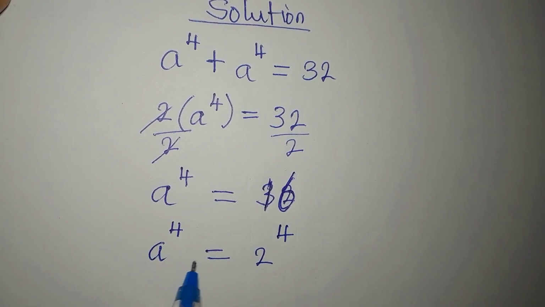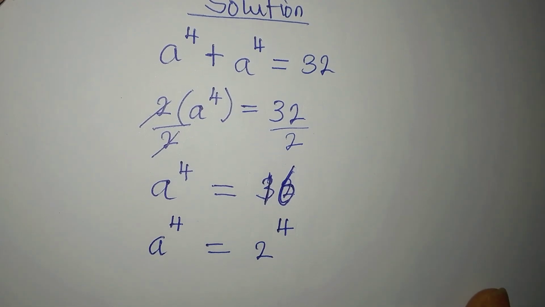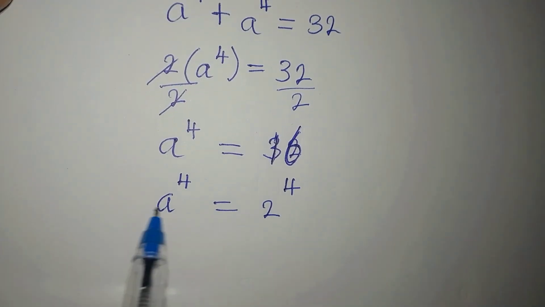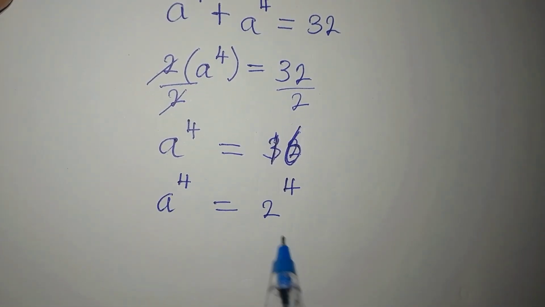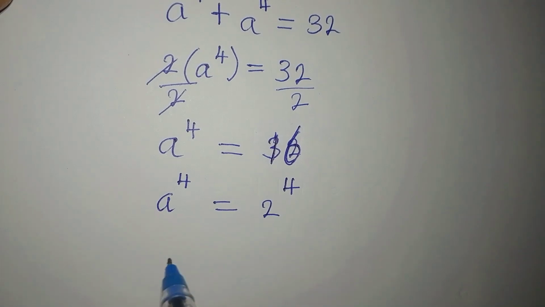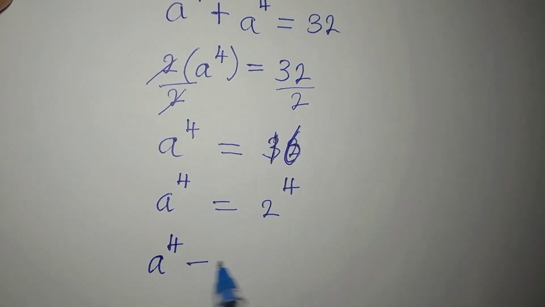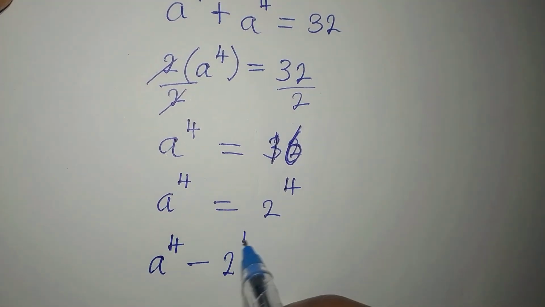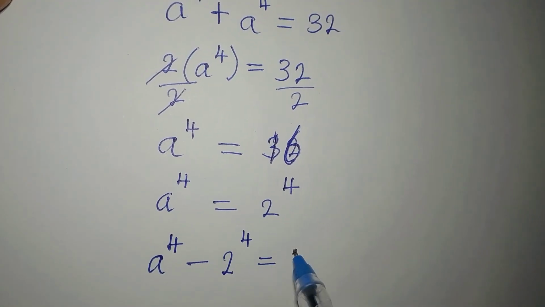But if we do that, we'll have just one solution. Let's see how many solutions we'll obtain from here. I want to bring this to the left, so I have a to the power of 4 minus 2 to the power of 4 equals 0.